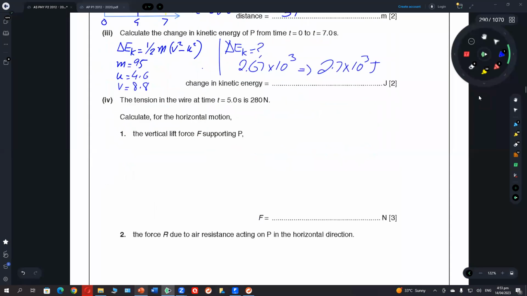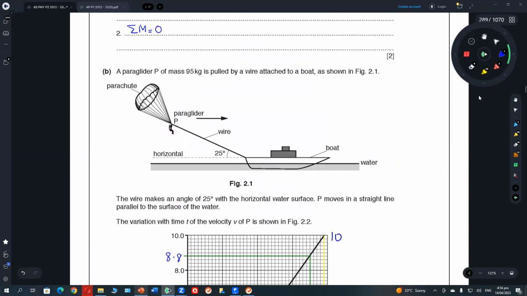Perfect. The tension in the wire at time t equals 5 is 280. Calculate the horizontal motion, and he's asking for the vertical lift force supporting P. He says the tension is there.